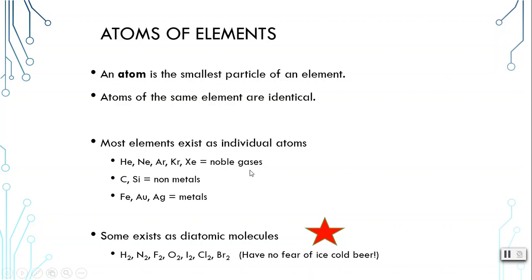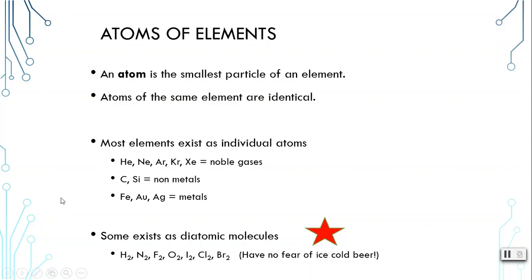We can classify elements based upon where they are in the periodic table and some of their properties. I have those listed here. We will visit those more fully later in the chapter. But the take-home point, from chapter 1, is that most elements exist as individual atoms.